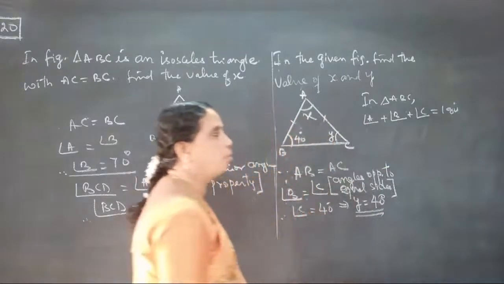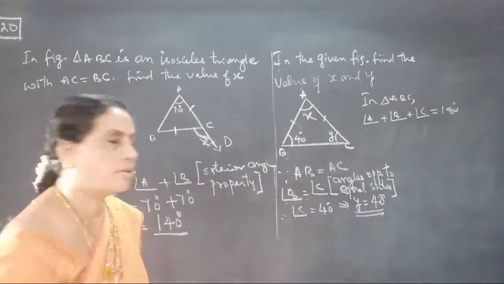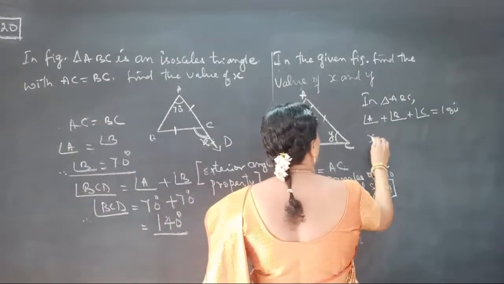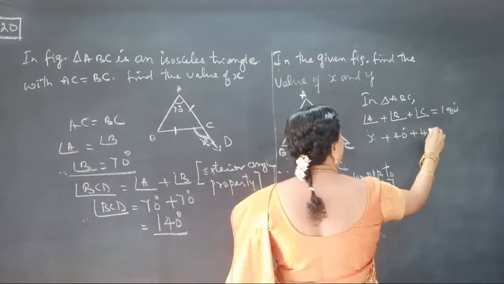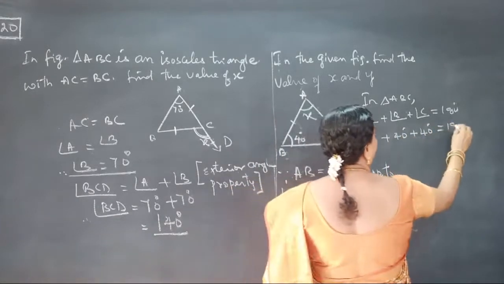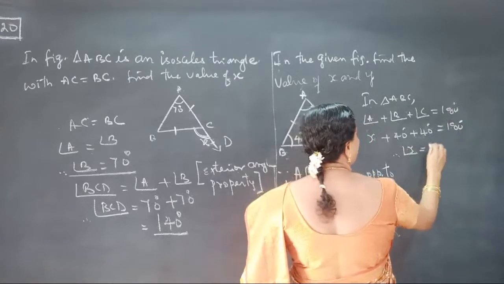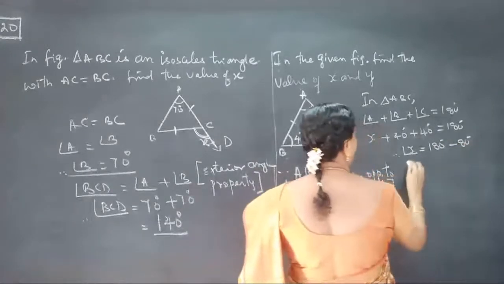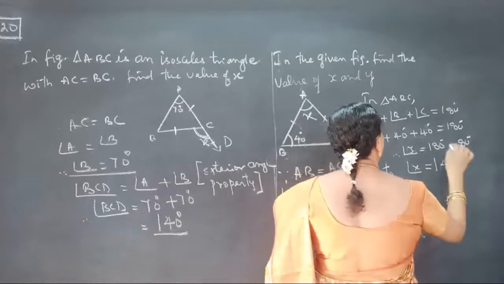We already proved in lines and angles, angle sum property of a triangle, where angle A is x, angle B is 40, angle C is 40 degree. Therefore, x equals 180 degree minus 80 degree, angle x equals 140 degree.